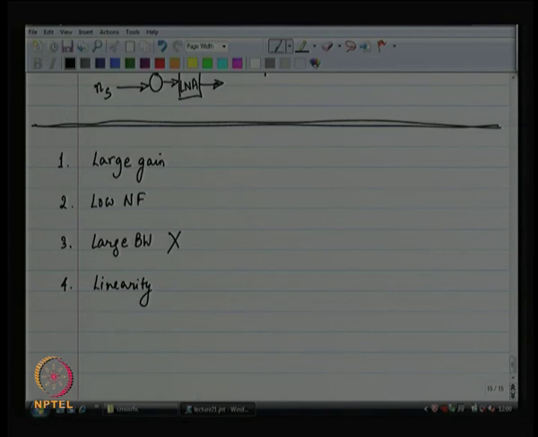What else? Anything else that comes to your mind? Think about all the topics that we have studied so far. Matching, right? The input impedance of the low noise amplifier should be matched to the impedance of the source, to the impedance of the antenna.